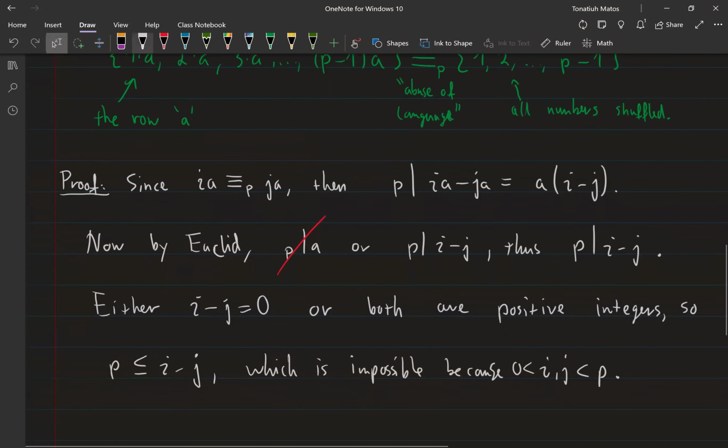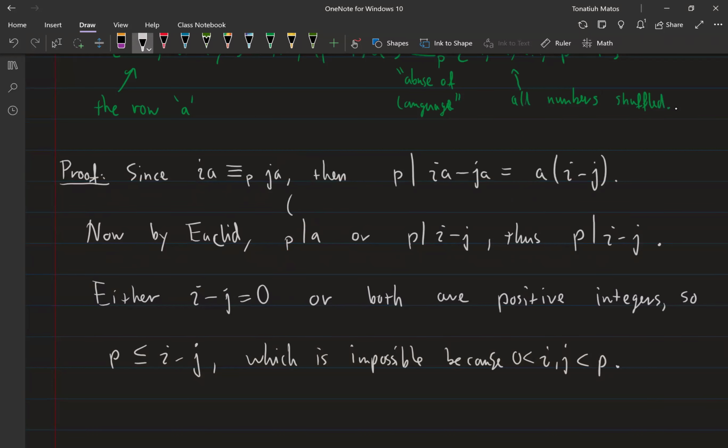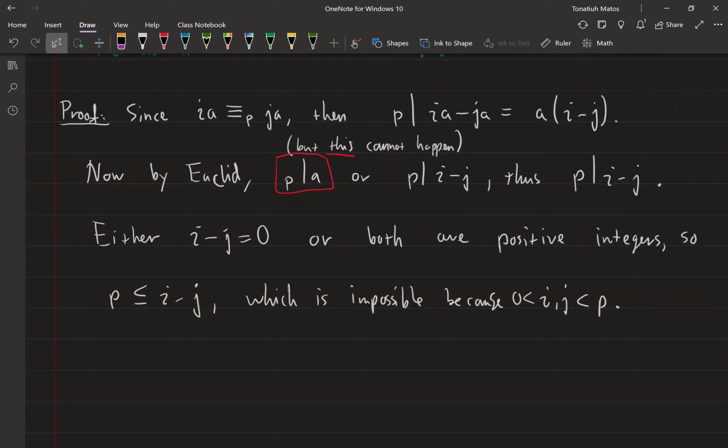I'm simply ruling out this possibility, right? So maybe I can add this detail. But this cannot happen, therefore P must divide I minus J. And then we have two more possibilities, which is that either I minus J is 0, or both of them are positive integers. But then we have this implication, right? That if something divides something, then the first something is less than or equal to the second something, because they're both positive.